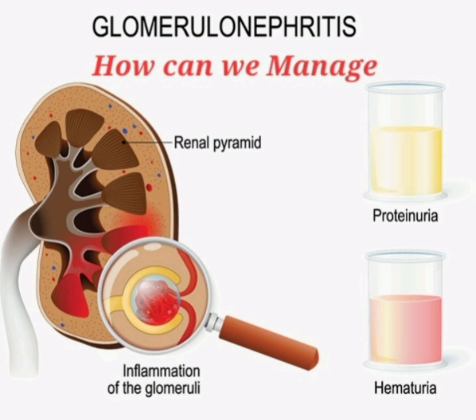Low C3 and low C4, both decreased: SLE, mesangioproliferative glomerulonephritis, shunt nephritis, and infective endocarditis. So remember the tests: urine dipstick, blood tests, microbiology like ASOT, immunology C3, C4 complement levels, and imaging, renal ultrasound.